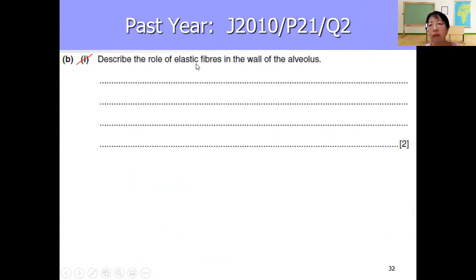So you know that elastic fiber is like a rubber band. So when the air flows into the alveolus, the wall of the alveolus will have to expand. Because of the elastic fiber, the wall can expand. So from this size, when the gas goes in, it may become bigger. So it will stretch. What is so good about stretching is that stretching actually increases the surface area.